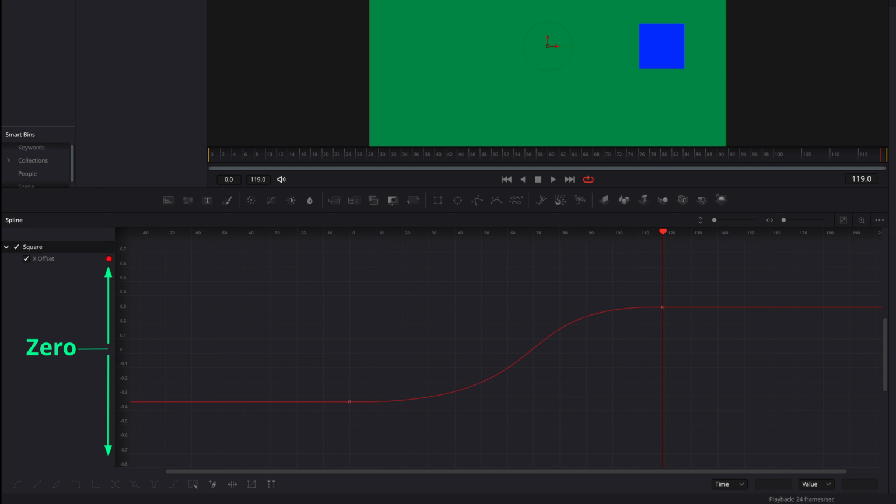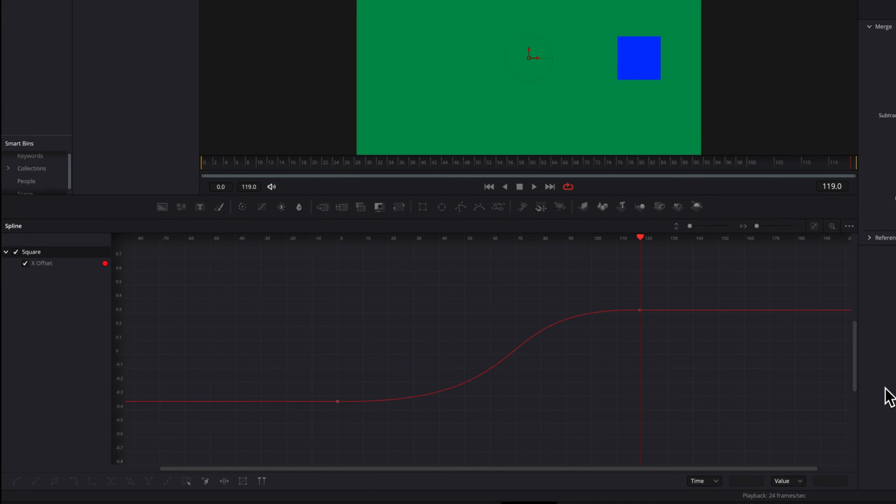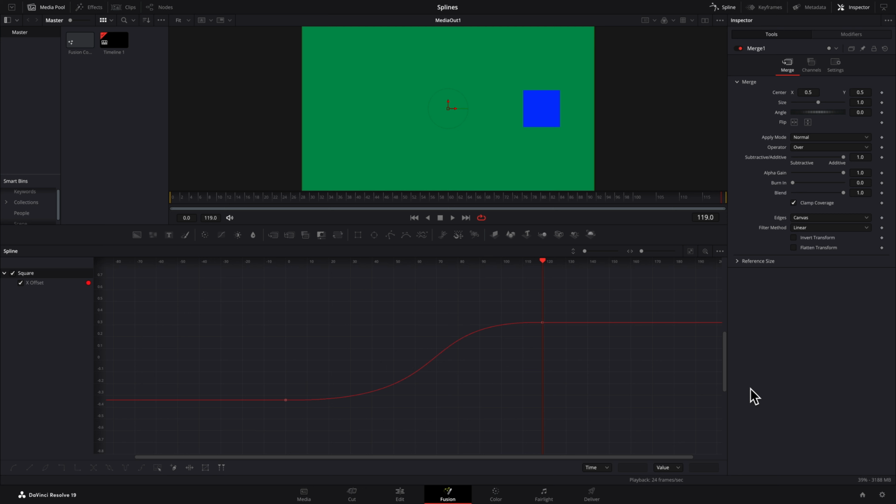Changing the shape of the spline changes the value of X offset. If we want the value to decrease, should the spline slope upwards or downwards? We have to slope it downwards. This will decrease the value of X offset, causing the square to move left before moving right.